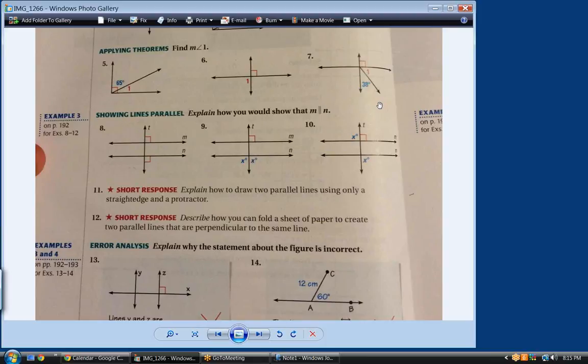Let me tell you, a good skill to have for geometry is subtracting numbers from 180, primarily. But a secondary good skill is subtracting numbers from 90. In problems 5 and 7, we have complementary angles, so you're subtracting from 90.